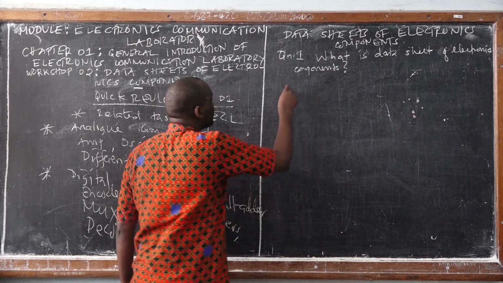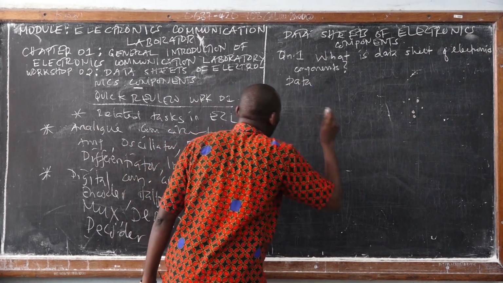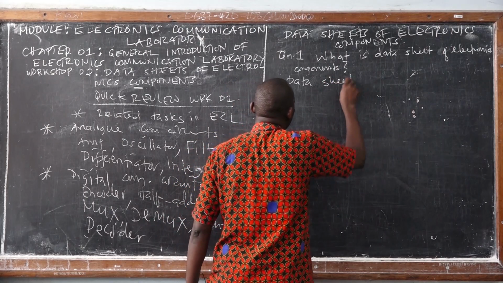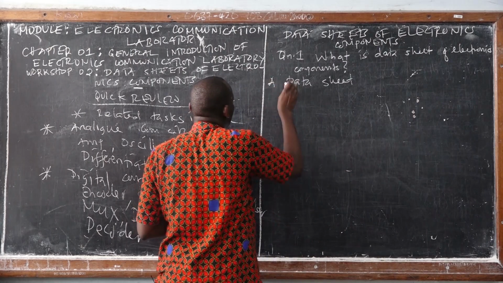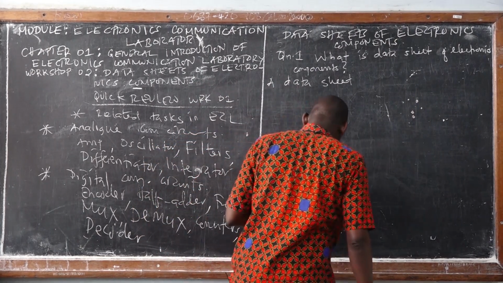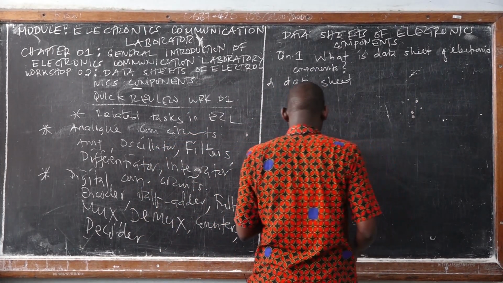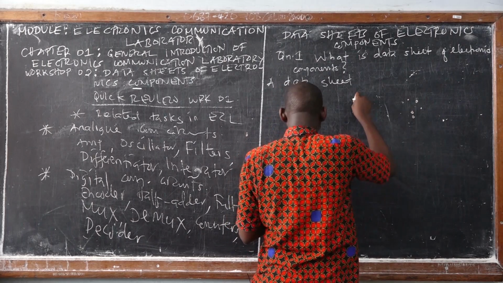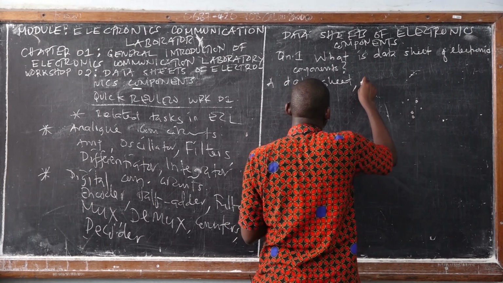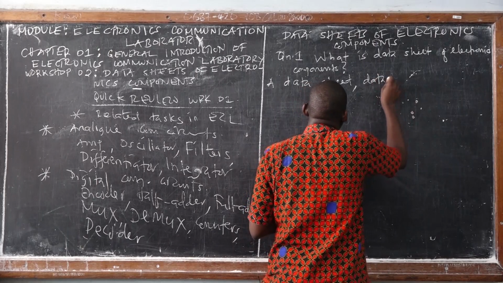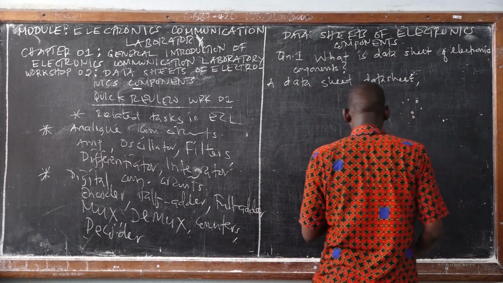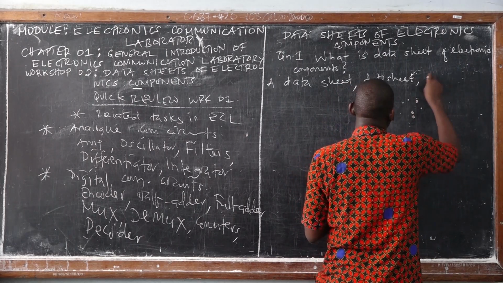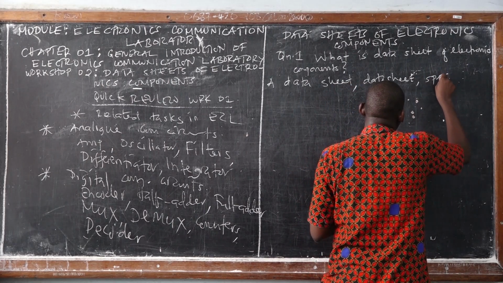So, after I gave you that shortest sentence, let us get into the long sentence. A data sheet, or we write it as one word, datasheet, or sometimes we call it a spec sheet.